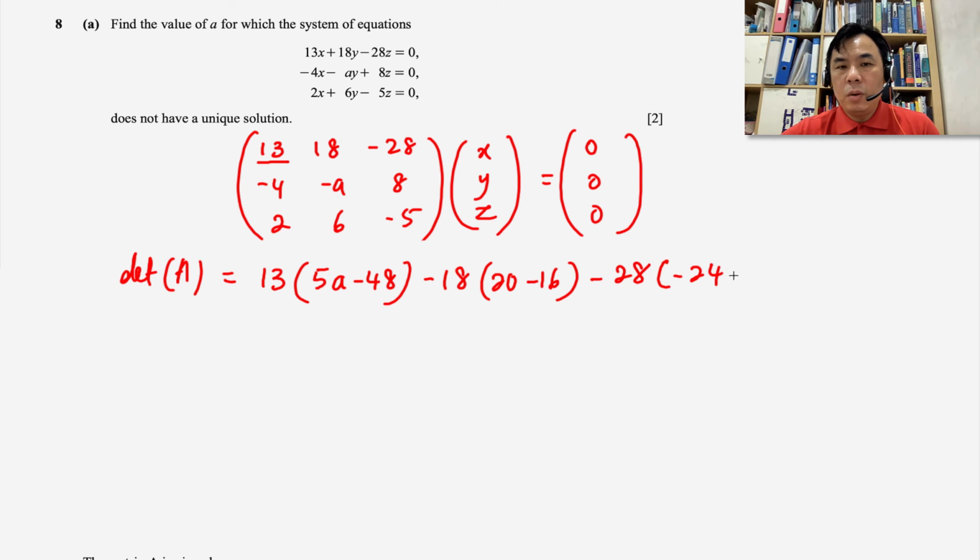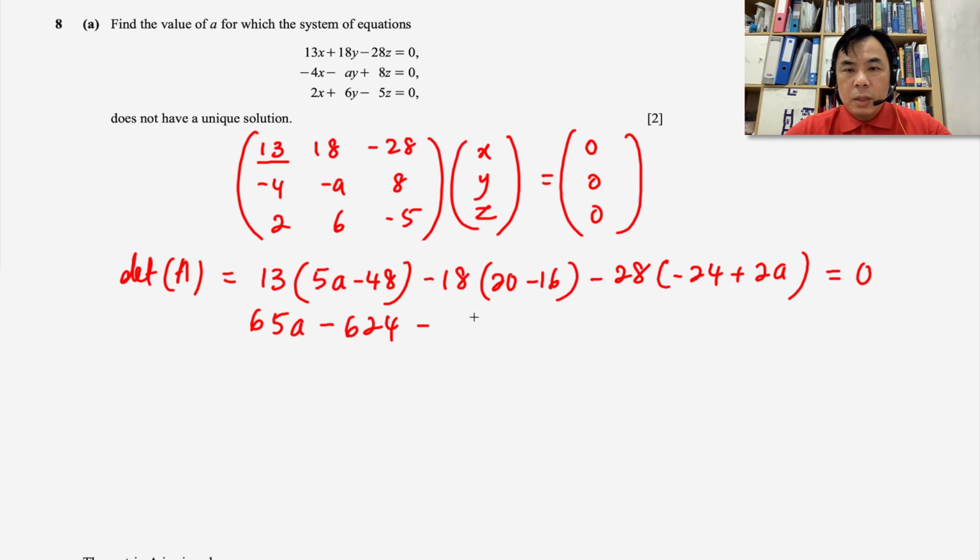Negative 24 plus 2a here. And then this determinant must be equal to 0 for it not to have a unique solution. All right, so from here, all I need to do is just finish it off. This is 65a here. And then, of course, this number is quite huge for me to calculate. Let me use a calculator on this. I will have 624.